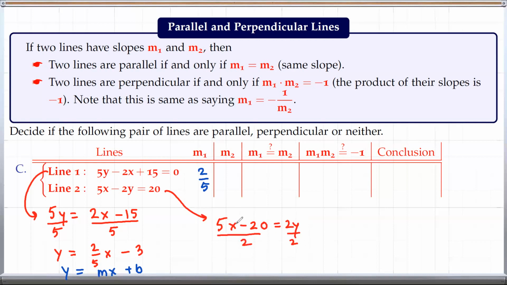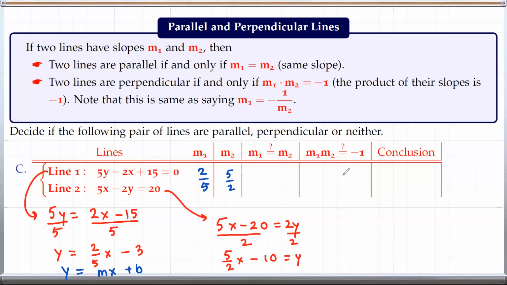So 5x over 2 is 5 by 2 x, minus 20 over 2 is 10, equals y. Again, compare this with y equals mx plus b. So here the second slope comes out to be 5 by 2. Slope is always the coefficient of x when written in this form.